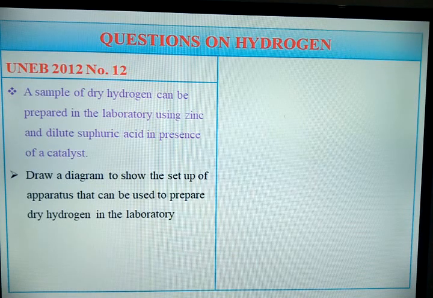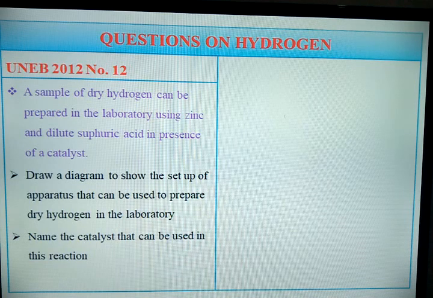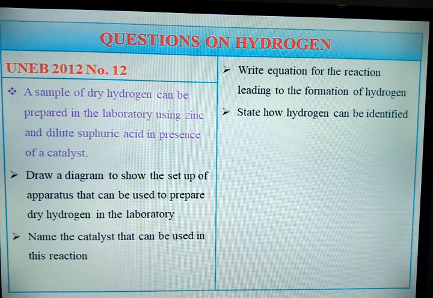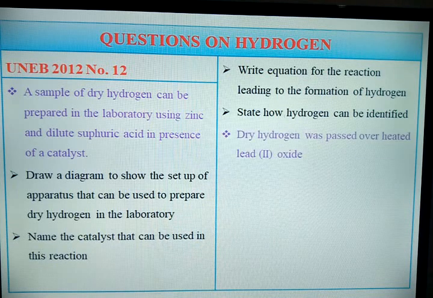You are requested to draw a diagram to show how we can prepare a dry sample of hydrogen. You are requested to identify that catalyst. Which catalyst do we use in preparation of hydrogen? Write an equation leading to formation of hydrogen gas and state how hydrogen gas can be identified.